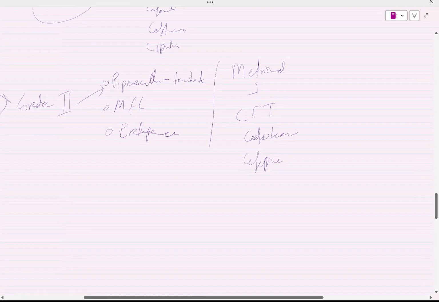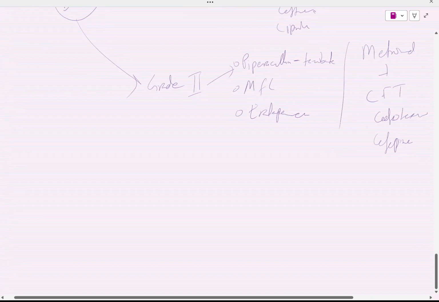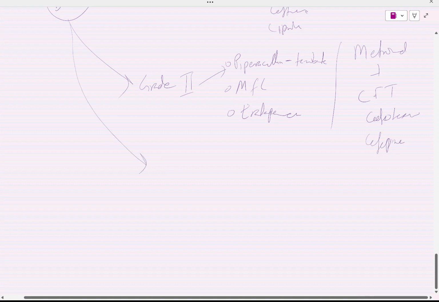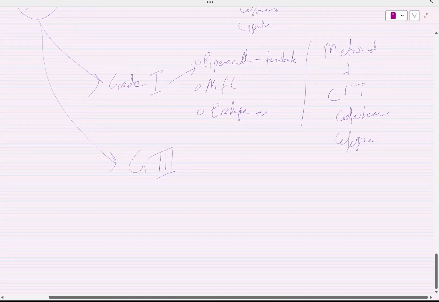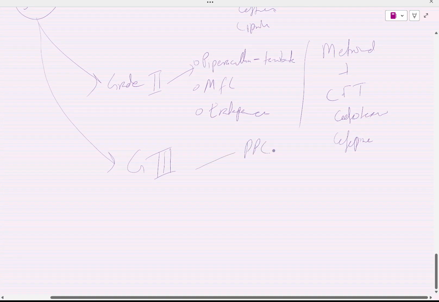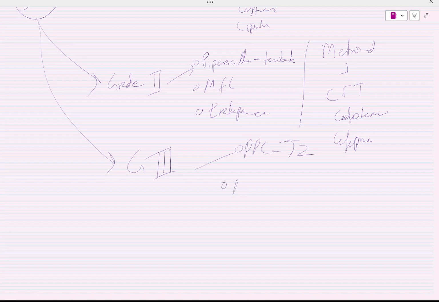So you have to remember these are all cramming things. If a patient comes to you with grade 3 severity, you will give piperacillin tazobactam, you can give meropenem, you can give ertapenem.